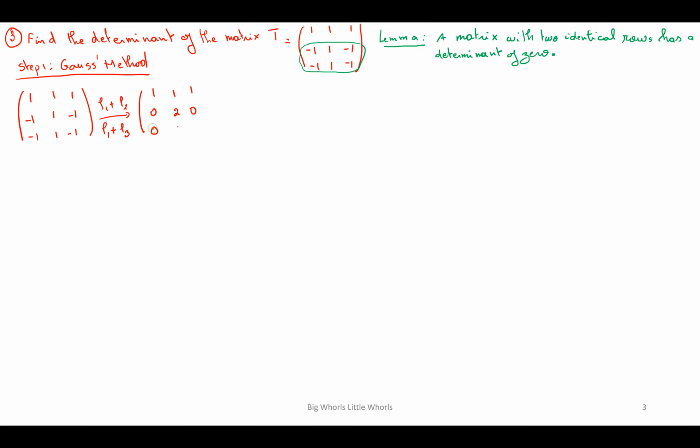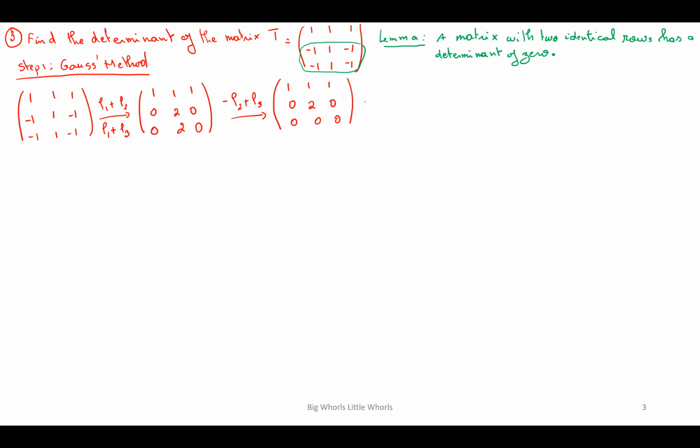We have 0, 2, 0. Now we have minus row 2 plus row 3, and so 0, 2, 0, we have 0, 0, 0.